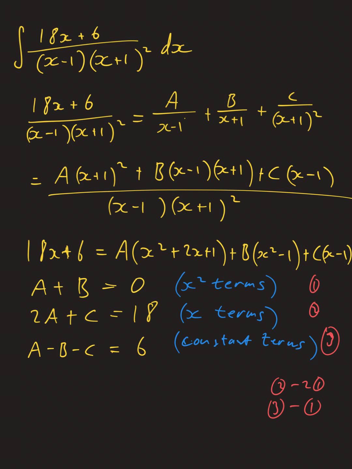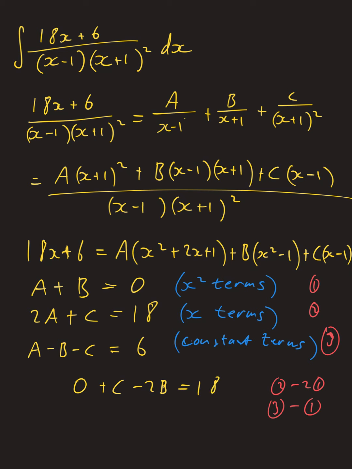So if I take twice a away from a, I get my 0. And if I take away twice b from c, I get c minus 2b. And if I take away 0 from 18, that's still 18. So there's one equation in b and c.